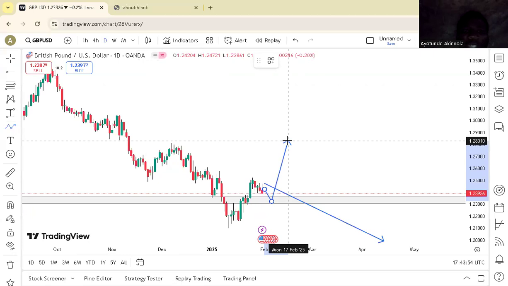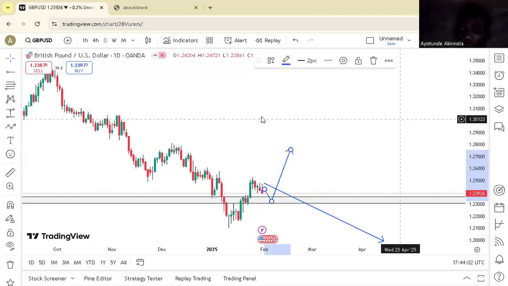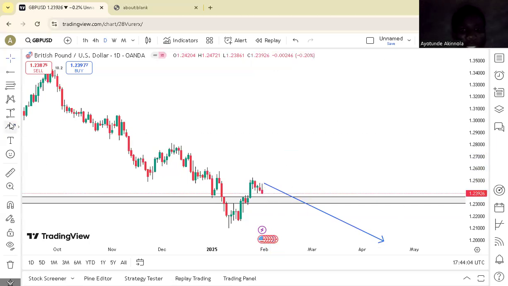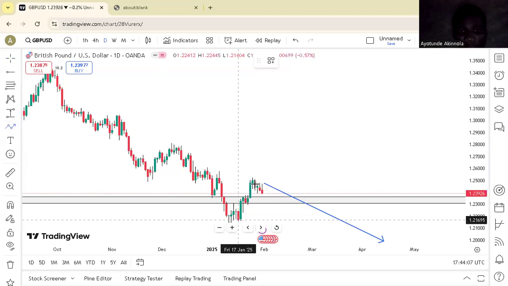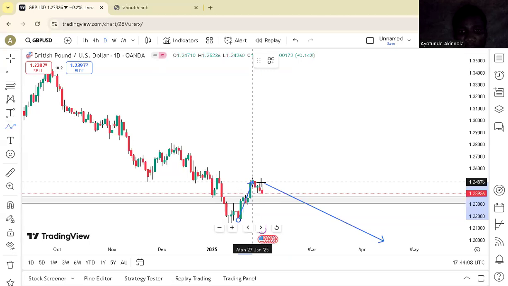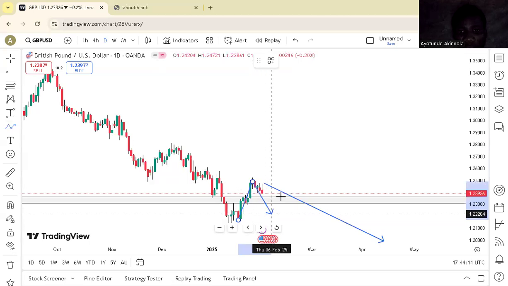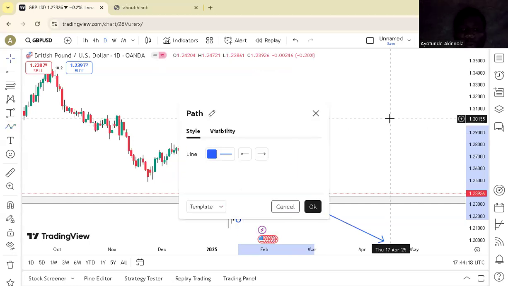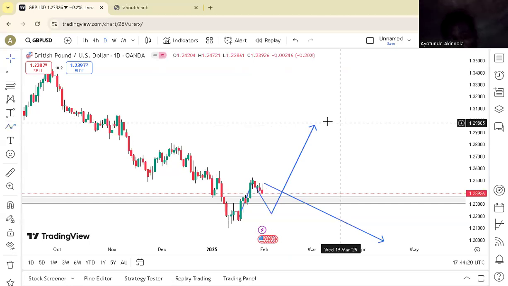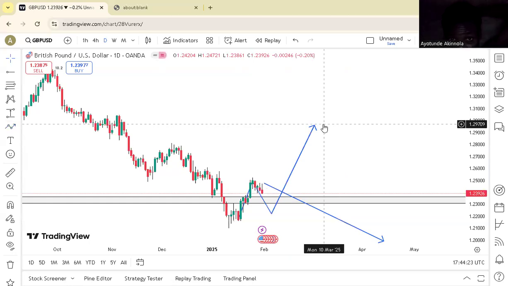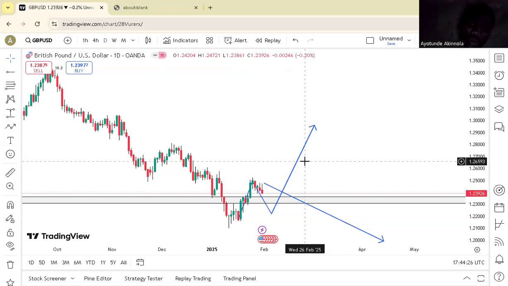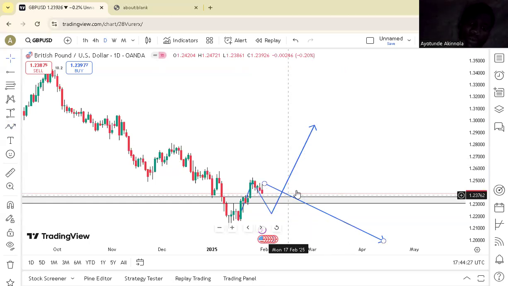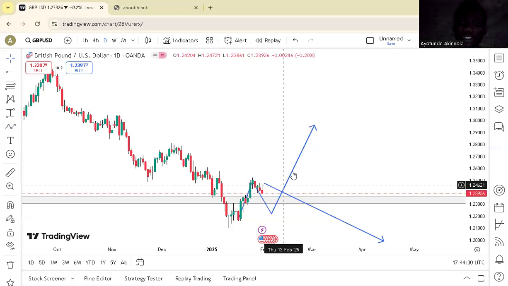DXY will be the one to judge my action on this man here, or we might see price move this way, as you can see, move this way, then move back up. Whatever DXY is doing is what we will follow for GU. So I might be looking to long or short GU, whatever DXY is doing. So we see this week.